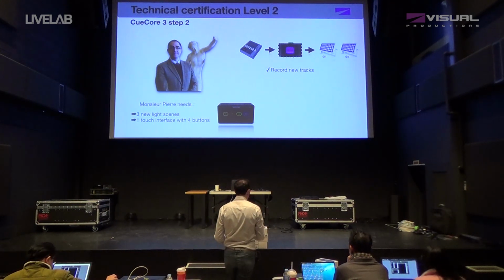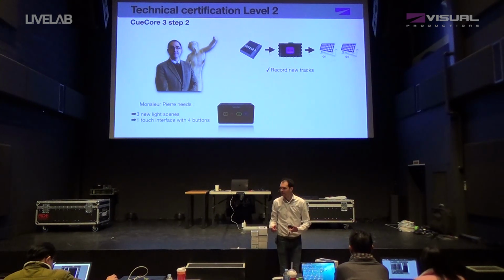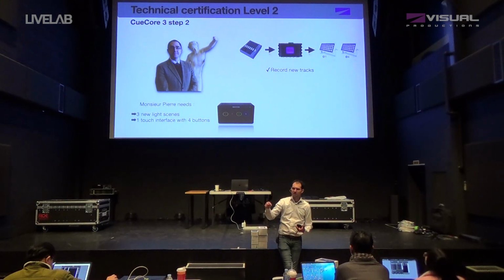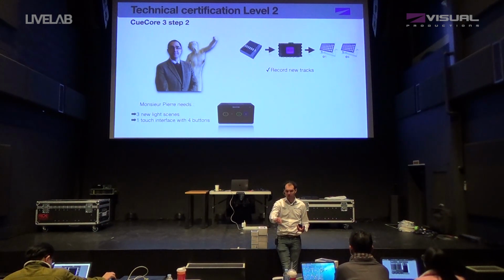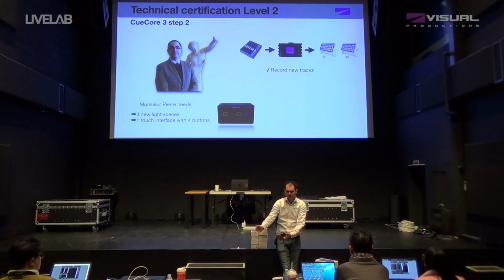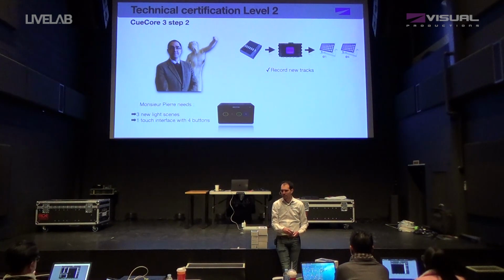Okay, so now we have a tiny problem. Because if Monsieur Pierre leaves the museum during the afternoon and he says, hey, tonight I want this show, you're going to press the button, but the show will start directly.